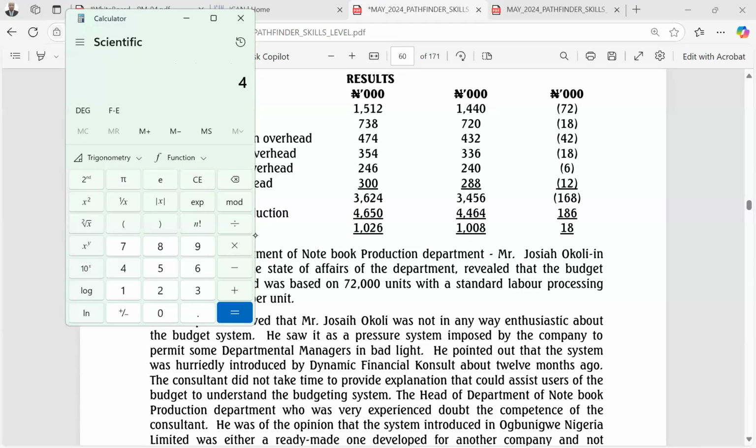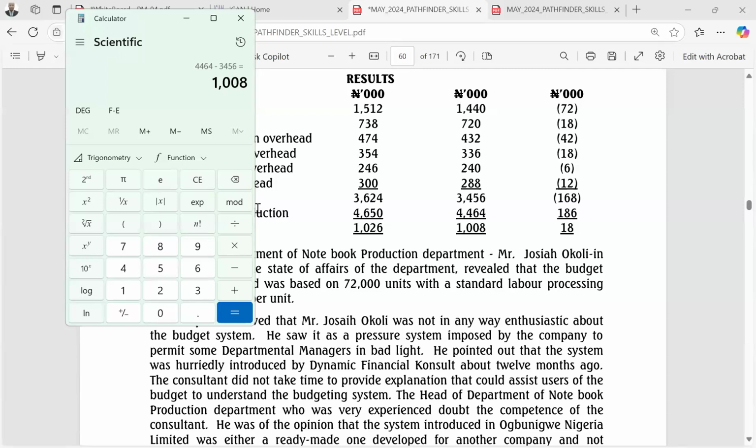We have 4650, which is this value here, minus the one up, 3624. And that's why we got this. Let's test this one. We have 4464 minus the up one, 3456. And that's how they got this. So we'll put them down.